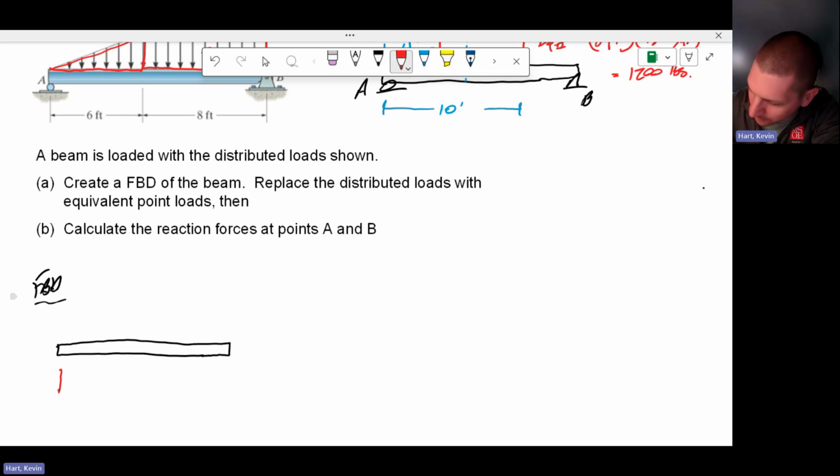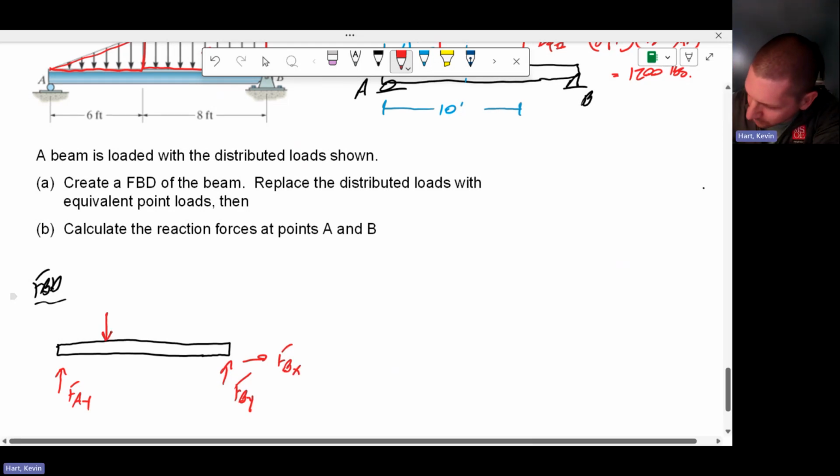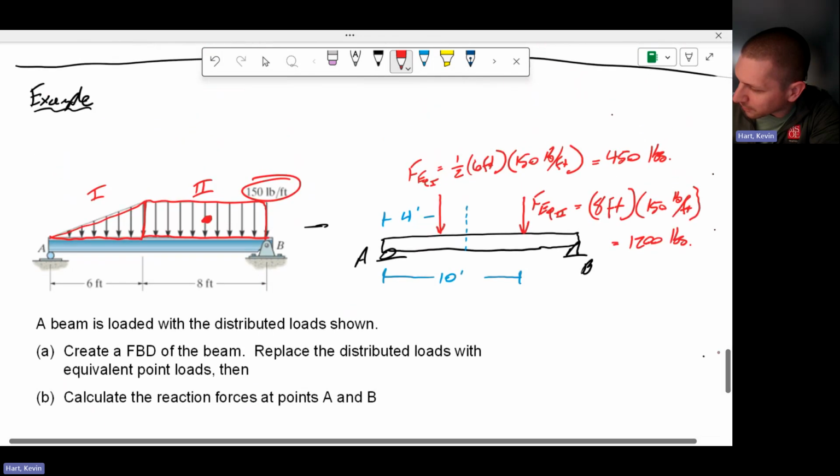At A, we have a roller. At B, we have a pin. And we have our equivalent force. I'm just going to draw this in here, remind you what that is. In location 1, it's 450 pounds, 4 feet from the left.